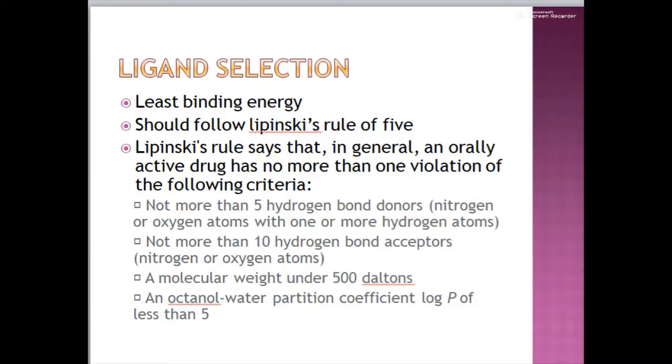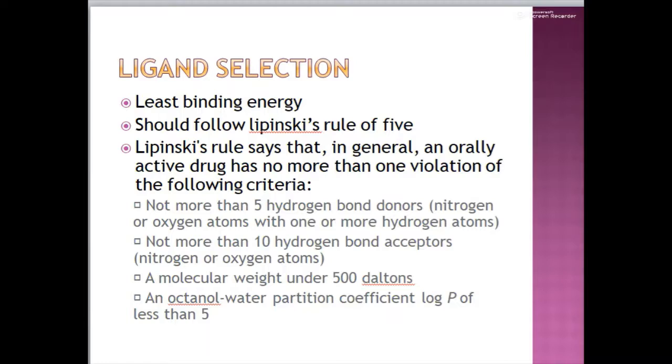Lipinski's rule of 5 states that if an orally active drug has no more than one violation of the following criteria, only then it should be selected as a best drug. What are the criteria? It should not have more than 5 hydrogen bond donors, and not more than 10 hydrogen bond acceptors in the drug molecule.